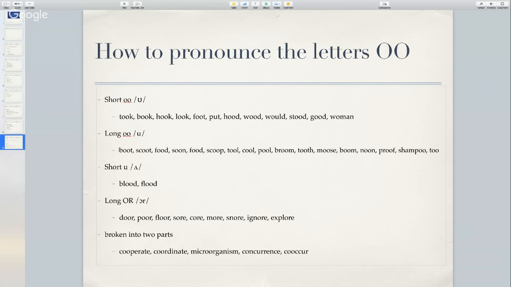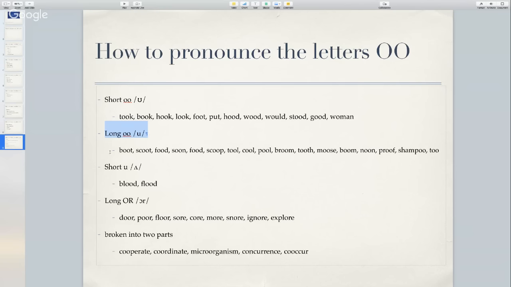Boot, scoot, food, soon, food, scoop, tool, cool, pool, broom, tooth, moose, boom, noon, proof, shampoo, two.